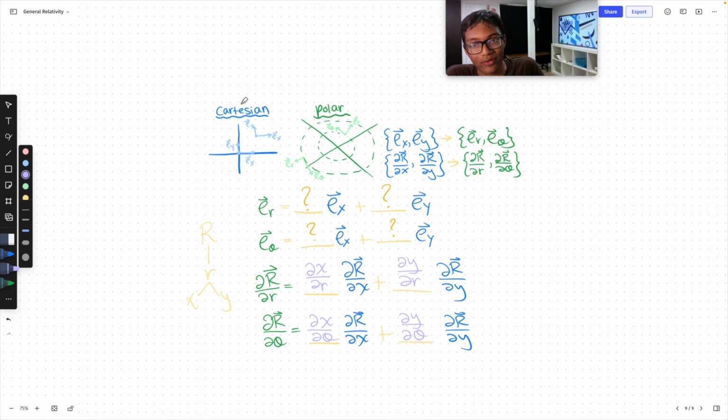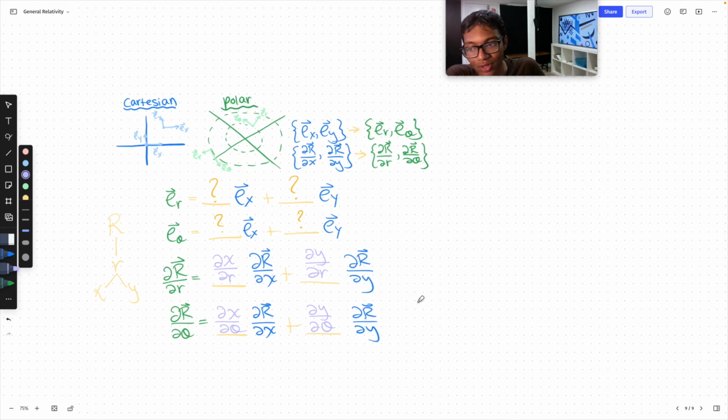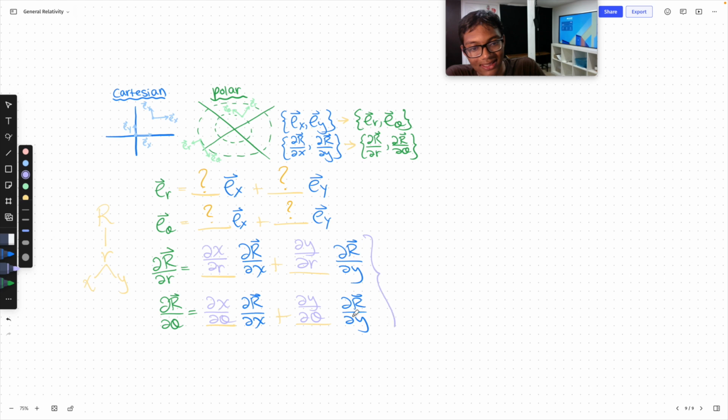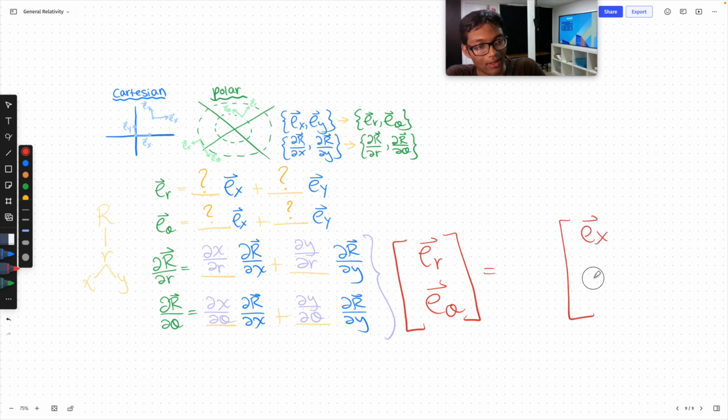The way that we transform from Cartesian to polar coordinates is by using these partial derivatives. And in fact, if you notice, this is a system of linear equations, so we can write this entire thing in matrix form as follows. We can say that e sub r and e sub theta can be transformed to e sub x and e sub y using a simple matrix, and that matrix is called the Jacobian.